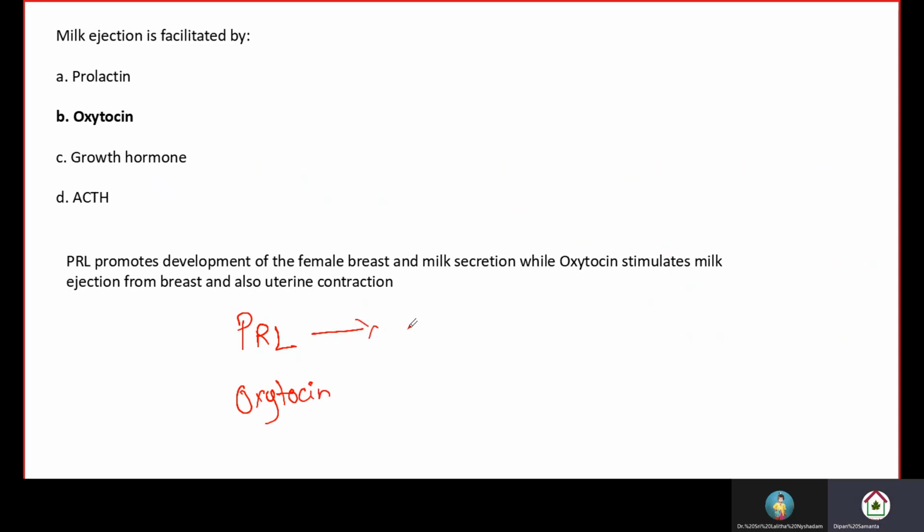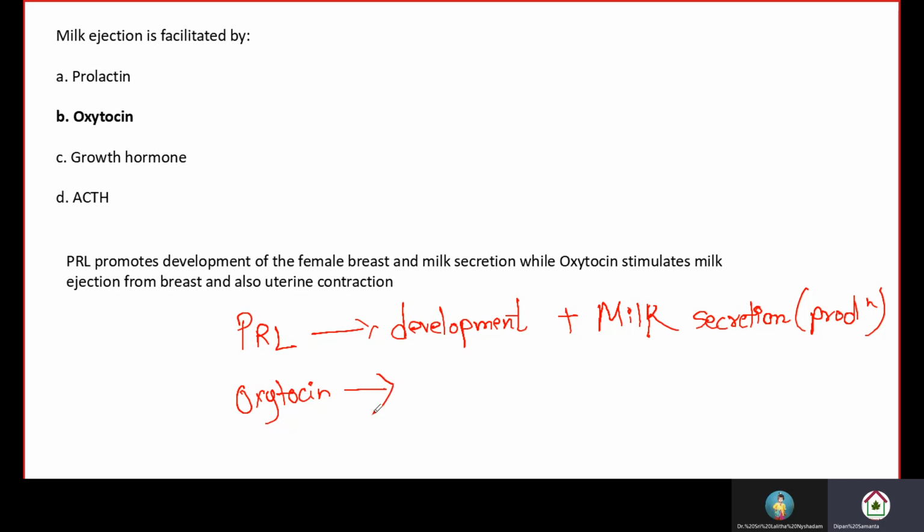Prolactin is development of female breast plus milk secretion, or we can say milk production actually.